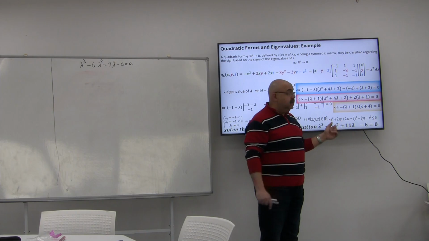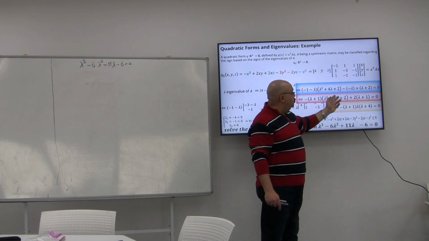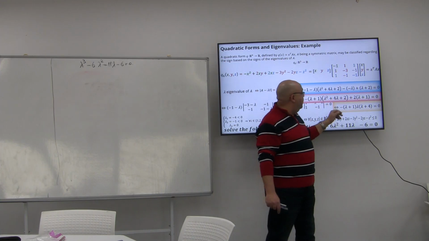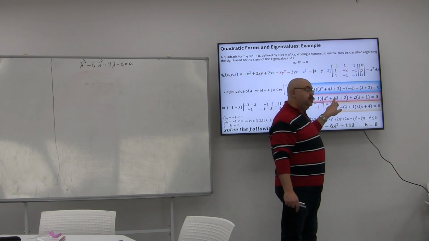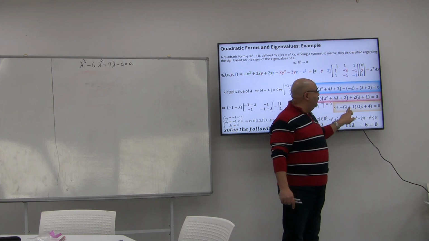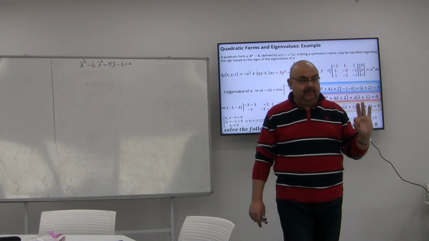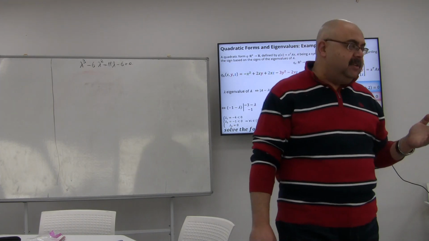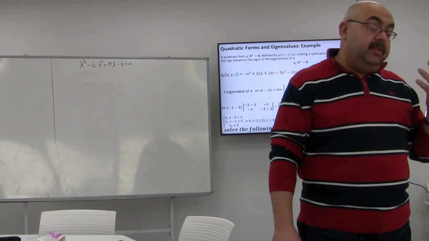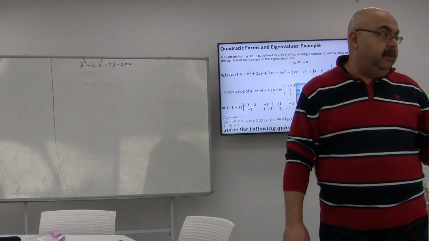You were lucky enough that once you took lambda plus 1 from these two terms, you ended up having lambda squared plus 4 lambda and so on. So taking lambda as a common factor, you succeeded in factorizing into 3 values of lambda. So this is a special case by itself for the previous one. But the general case will be something like this. How to analyze a cubic equation.